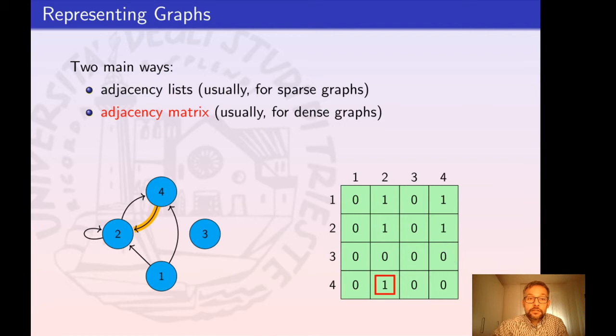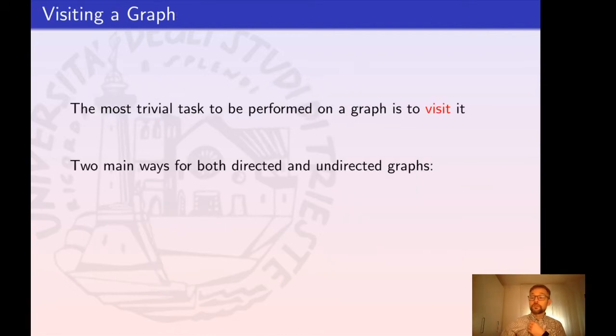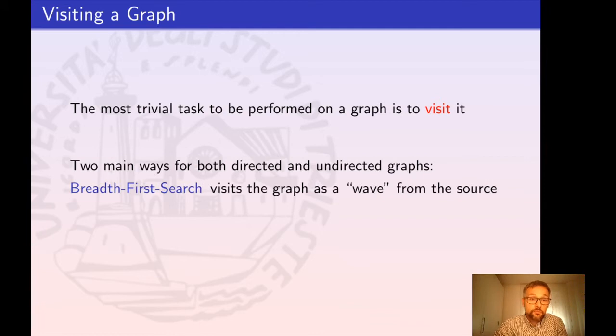Okay, and this is all. So now you may wonder, what can we do on these graphs? Well, the most trivial task to be performed on graphs is to visit them. Of course, there are infinite ways of visiting a graph.